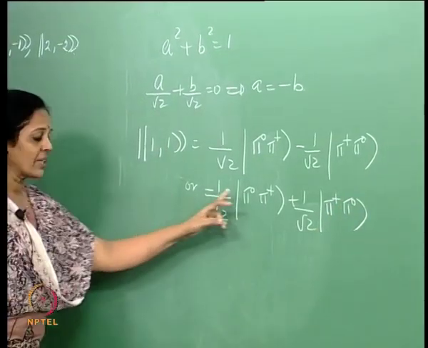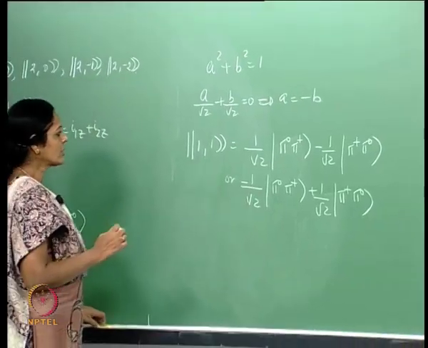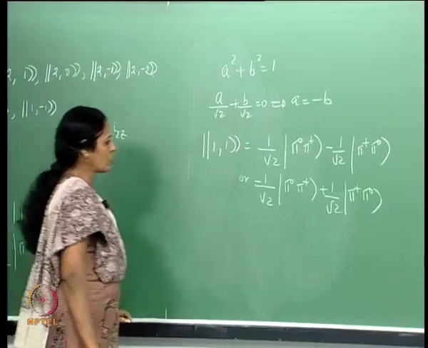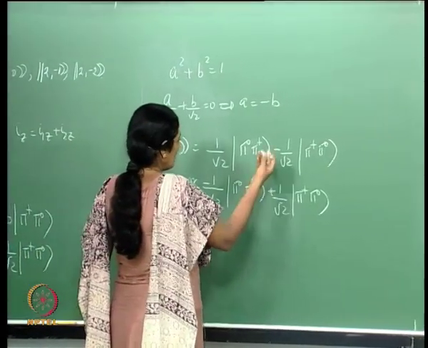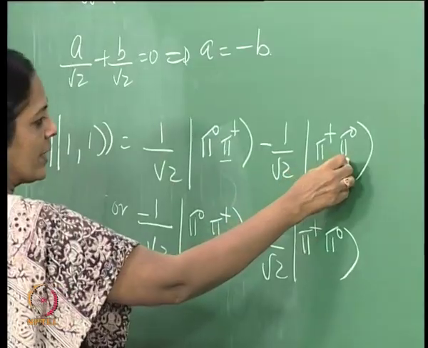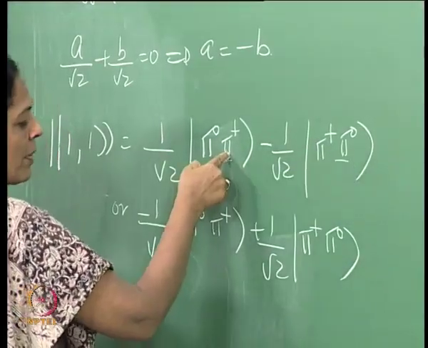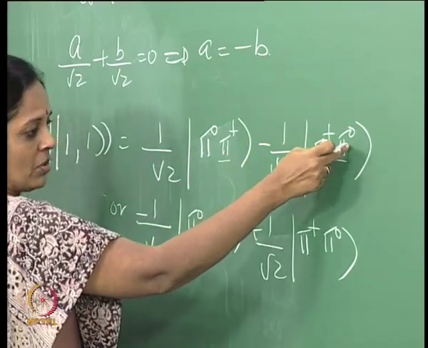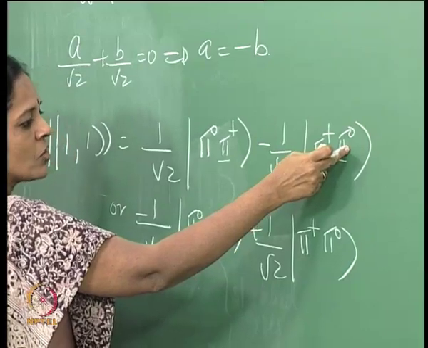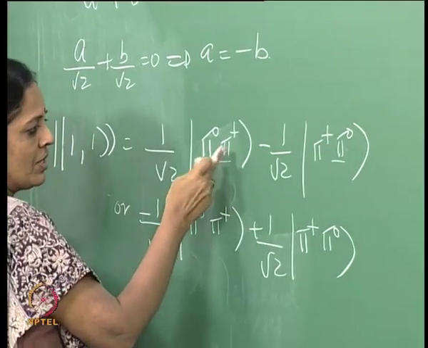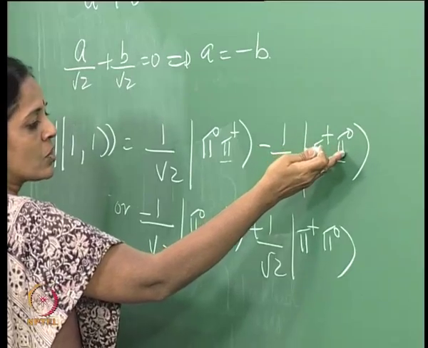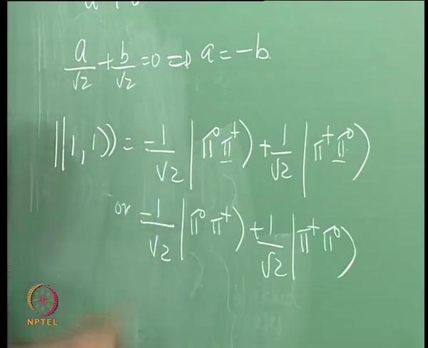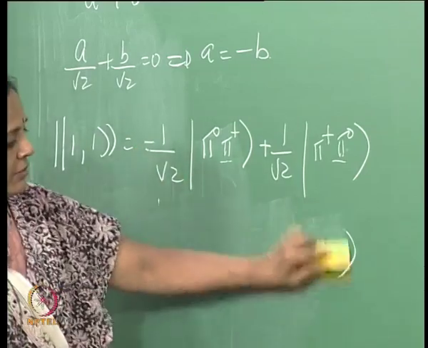What is important is the relative negative sign, but I choose a convention and I use that same convention throughout this problem. My convention is the following. Look at the second entry. This is a pi plus here and a pi 0 there. Pi 0 has an m value or Iz value which is smaller than the Iz value of the pi plus. So the second entry has a smaller m value here, and I would use a plus there and a minus there, the same as this. That is simply a convention.